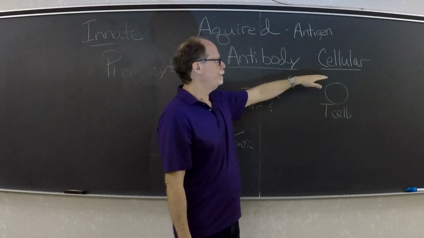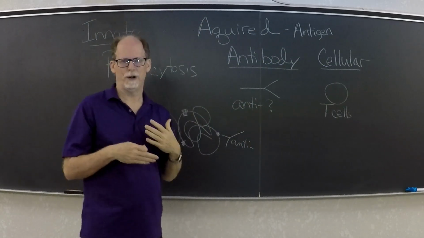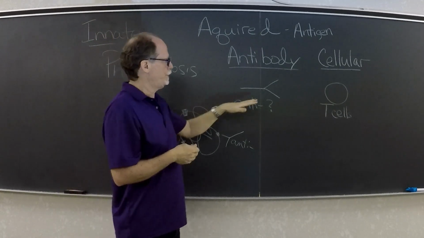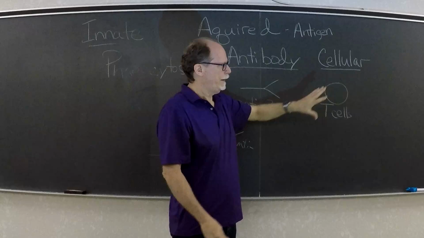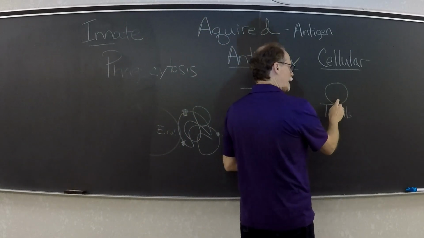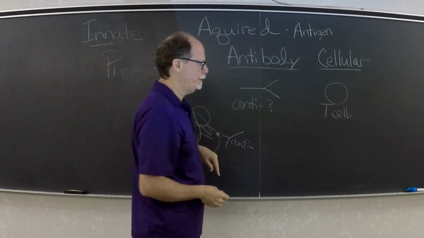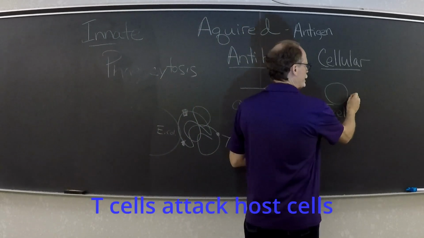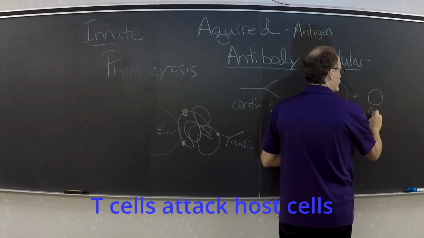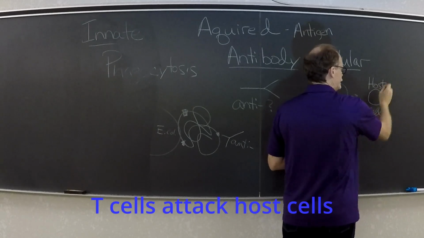The cellular immunity, which is part of the acquired, right around 6 months old, is when human beings begin to start producing antibodies and making cellular immunity. These are T cells that look for a specific foreign antigen on one of our cells, which we'll call the host cell.